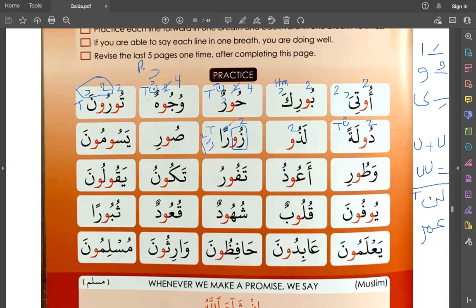This is called mad iwad. You are exchanging one sound for another. It is called mad because you are stretching. That was not a two counts long vowel before, and now it is two counts long. So you are stretching because of the exchange of the sounds. This is why it is called mad.